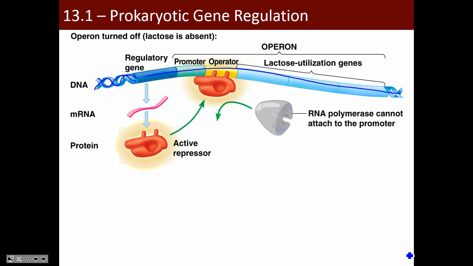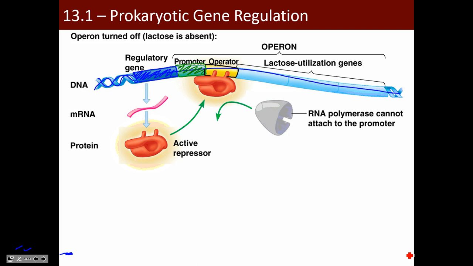We've just blocked off some sections that have particular functions so that we can talk about them independently. So here in dark blue, we have what's called a regulatory gene. In green, we have something that's called the promoter. Here we have something called the operator.